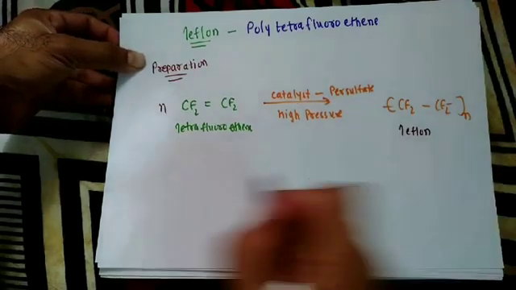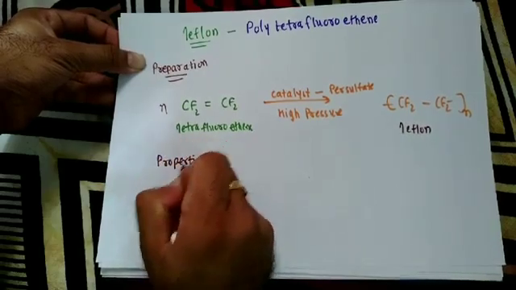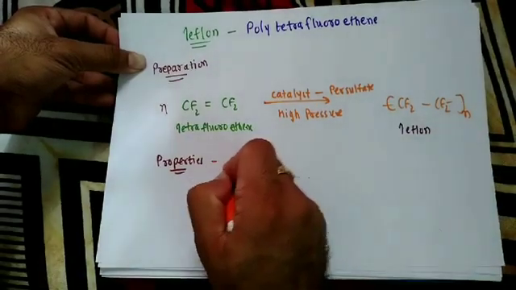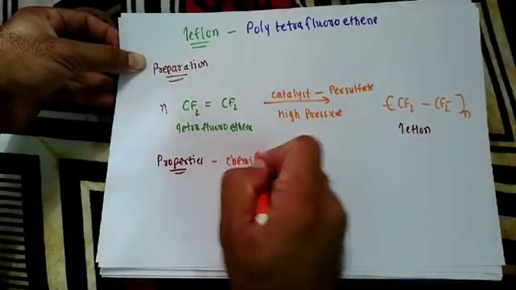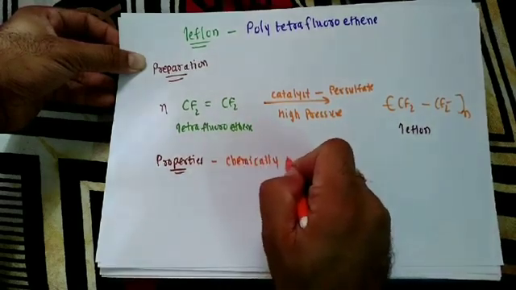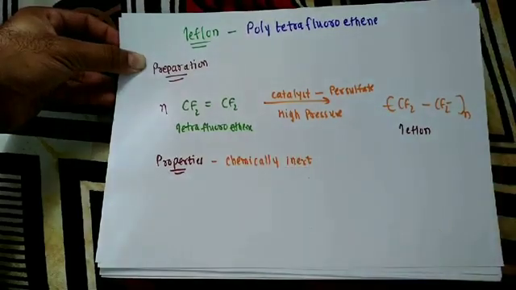Now the properties. Teflon is again chemically inert. All the addition polymers are mostly chemically inert; they cannot react with chemicals easily.